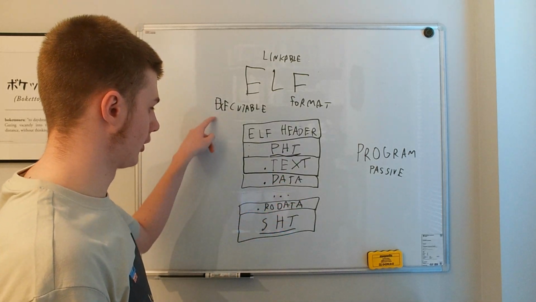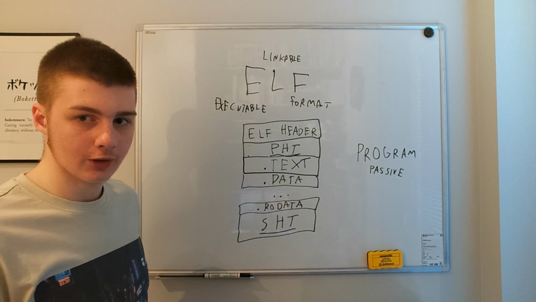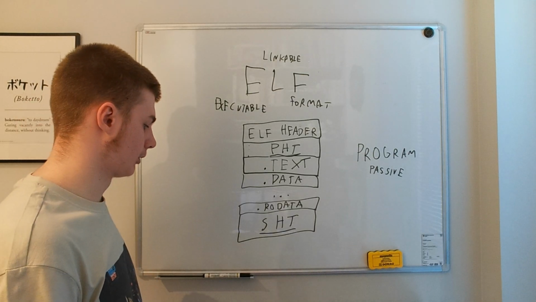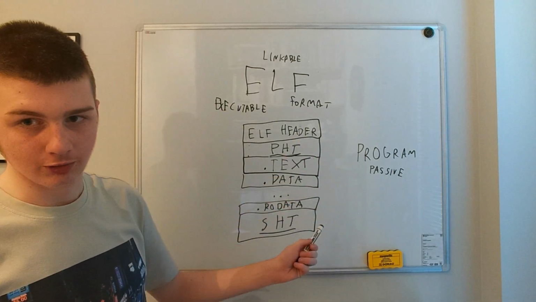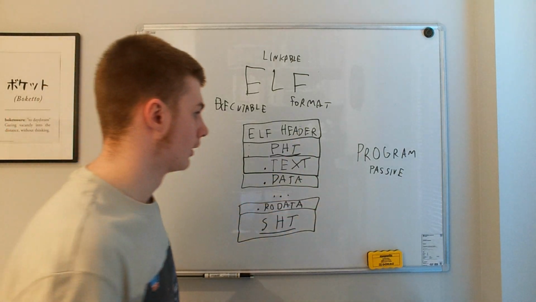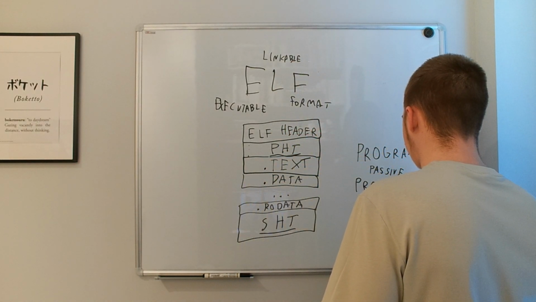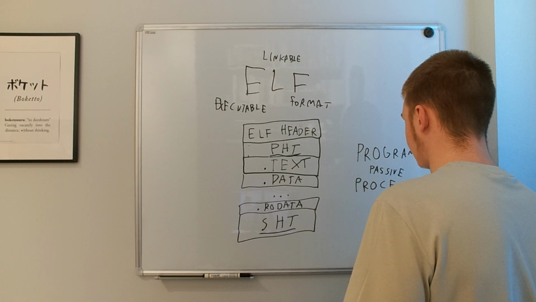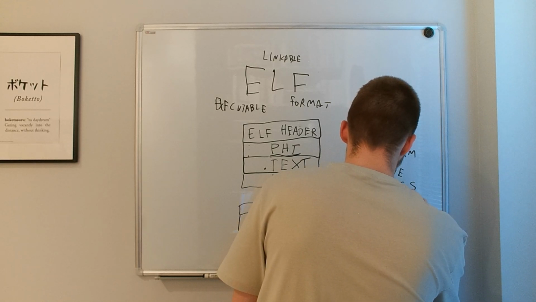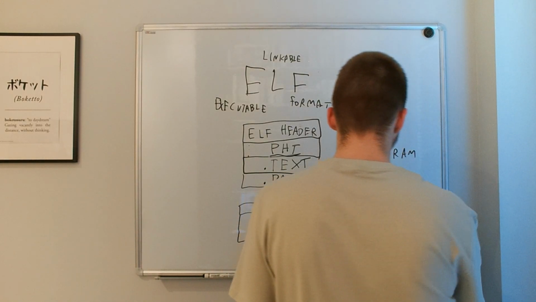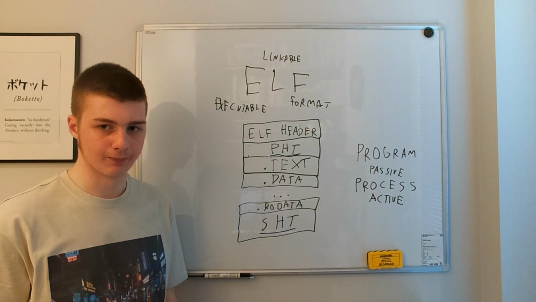And this over here is a passive structure. We just have a bunch of data, and we're not doing anything with it right now. It's just stored. This is something we can call a program. Now a process is an operating system concept of this becoming active. So it's an active element of the operating system.